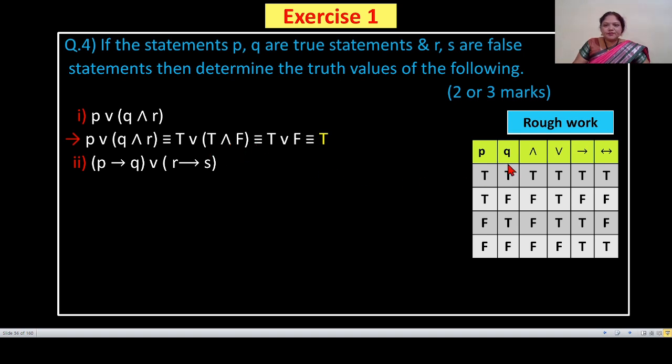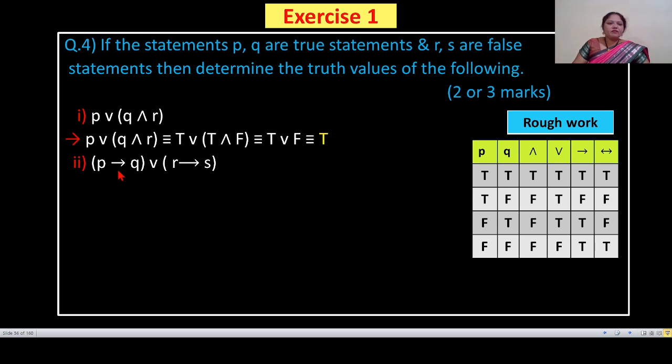We know that in conjunction, if the first statement is true and the second statement is false, then their conjunction is false. Therefore, T and F is equivalent to F. T or F. We know that in disjunction, if the first statement is true and the second statement is false, then their disjunction is true. That means disjunction is true in all cases except when both statements are false, then their disjunction is false.